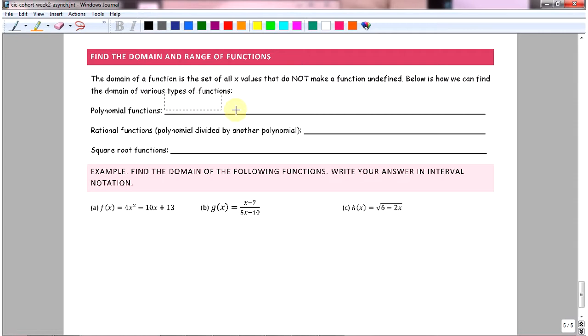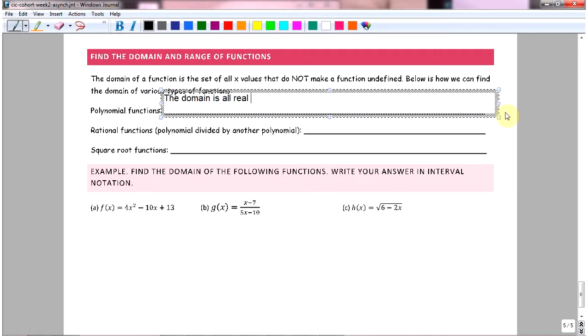So remember, polynomials mean that you have x raised to a natural number exponent, right? So you may have x cubed plus 5x plus 9, anything like that. Well, for a polynomial function, the domain is all real numbers. You can plug any number in for your x when you're dealing with a polynomial.